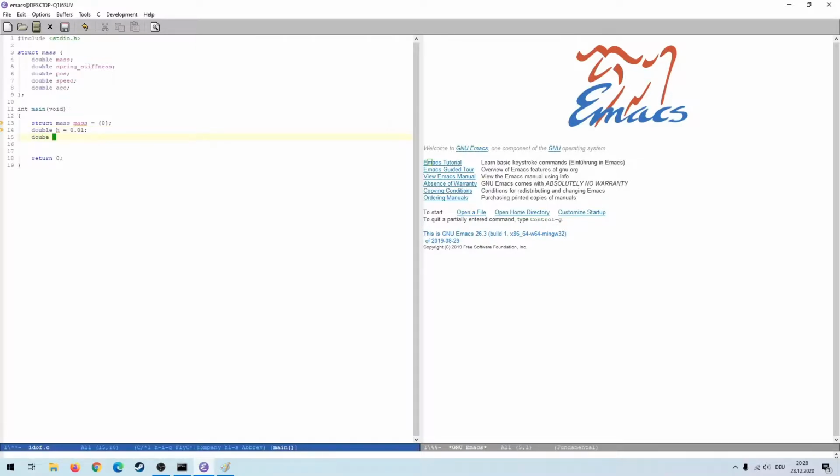Then we of course want to simulate a specific time, like in the real world time. So let's say we want to simulate 90 seconds of real world time.